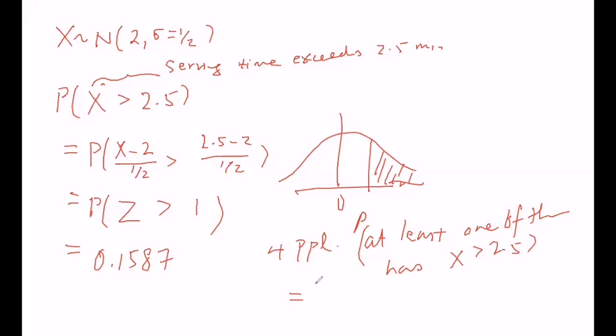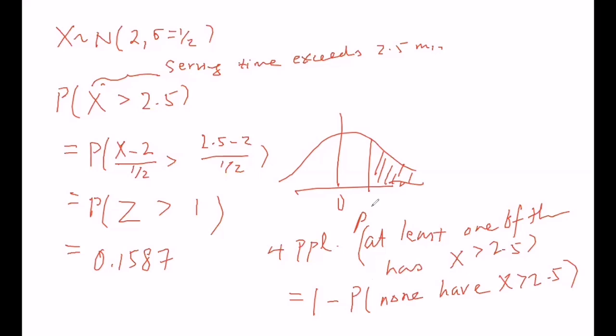So take 1, subtract P of none. None have x greater than 2.5. This is at least one, so the complementary is no one has x greater than 2.5.